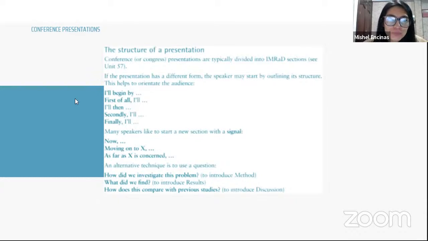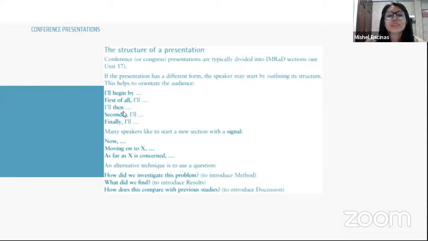Okay, girls. If the presentation has a different form, the speaker may start by outlining its structure. This helps to orientate the audience. For example, I'll begin by giving you some words to introduce my presentation. Or you can say, first of all, I will give you some introduction of my topic.